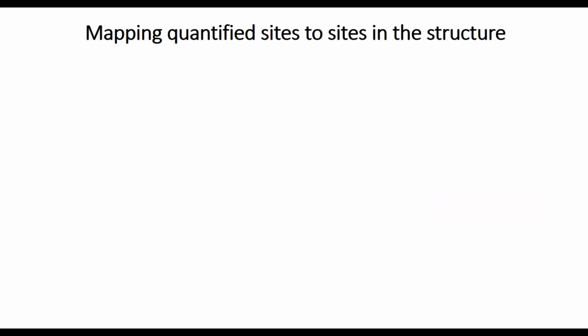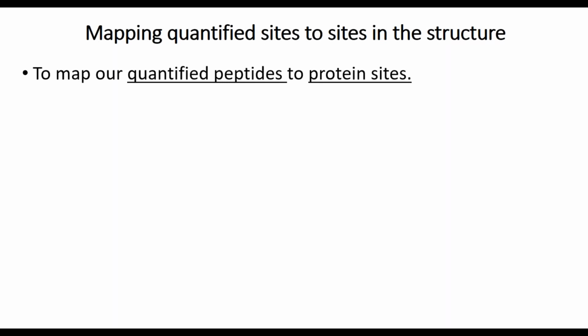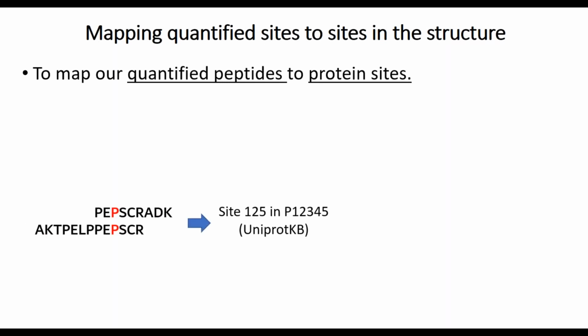So for that, there is a first step in which we have to map the quantified sites to the sites in the structure. And this is not trivial, because first we have to map our quantified peptides to protein sites. That's fine.